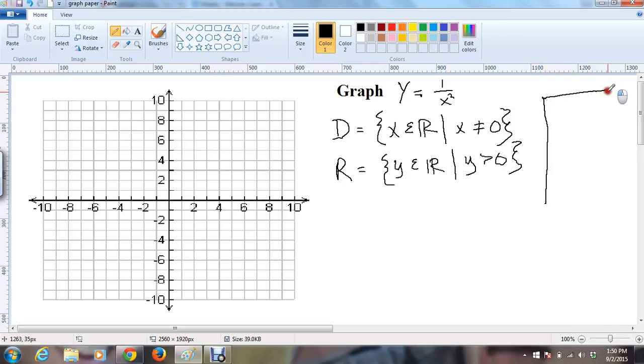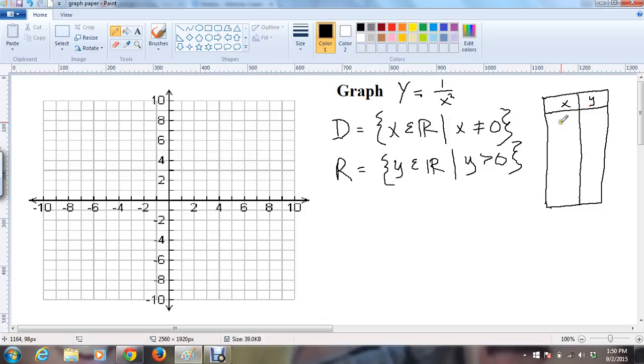If we are on the right side of the y-axis and above the x-axis, in the first quadrant, as x gets bigger and bigger, y gets tinier and tinier. Because if x gets bigger, it's making the denominator bigger, which makes the fraction smaller.